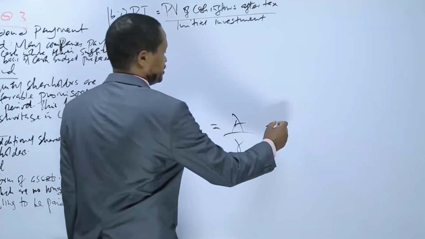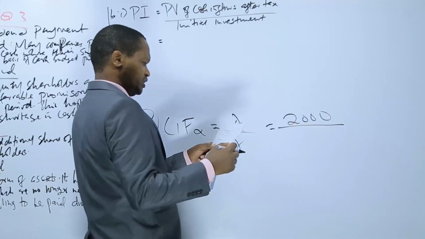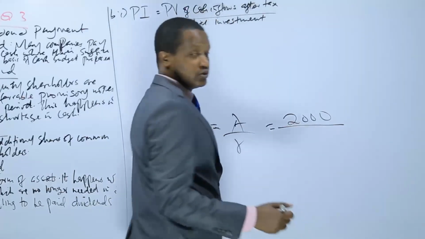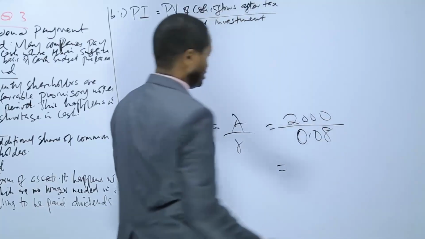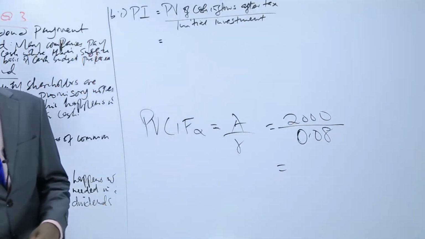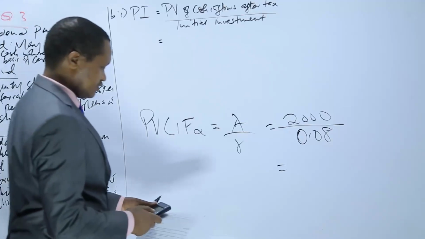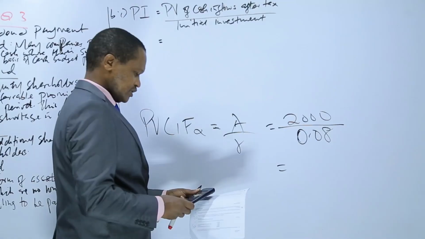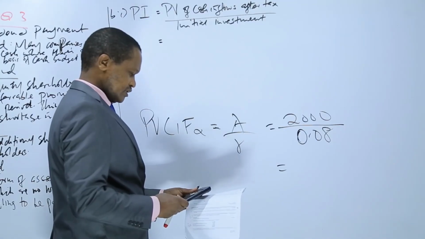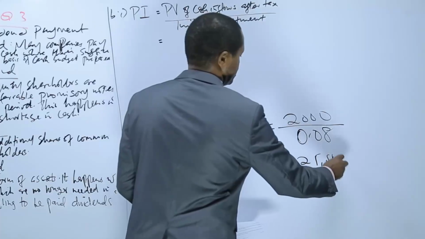The annuity we have is 2,000 shillings. The rate, we have it in the question, is 8%, which converted into a decimal is 0.08. So the present value of cash flow in perpetuity is 2,000 divided by 0.08, which is equal to 25,000 shillings.